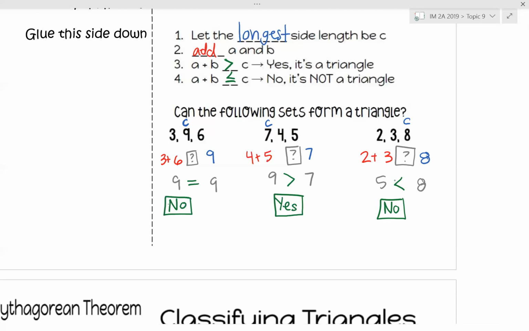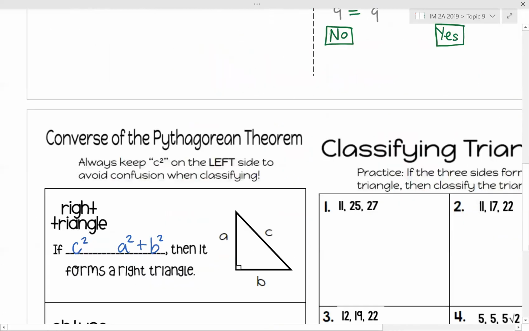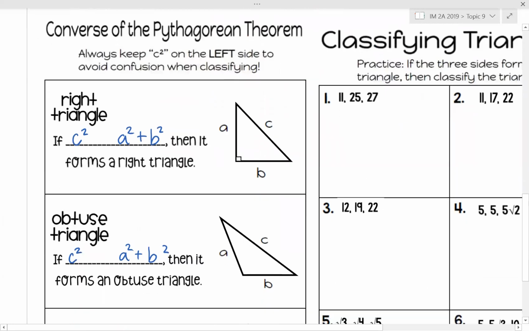So that's a reminder of how the Triangle Inequality Theorem works, because the converse of the Pythagorean theorem is similar. What we know from the Pythagorean theorem is that if I have a right triangle, then the sum of the squares of the legs of the triangle is equal to the square of the hypotenuse.